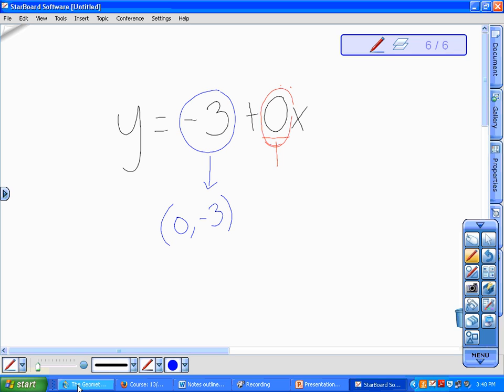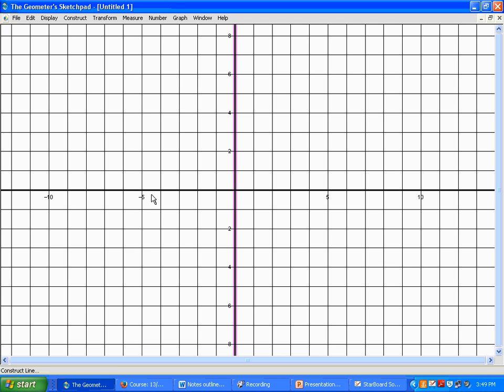I'm going to start at (0, -3) on the y-axis, and my slope is rise 0, run 1. (0, -3) on the y-axis would be here. And when I rise 0, that means I am not going up or down any. I'm simply going to run 1.